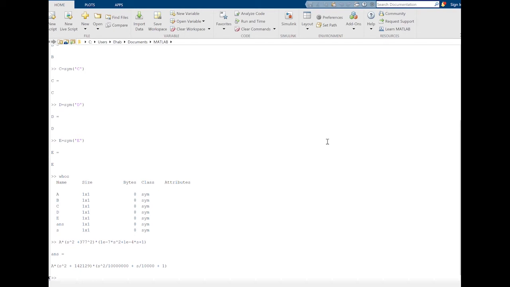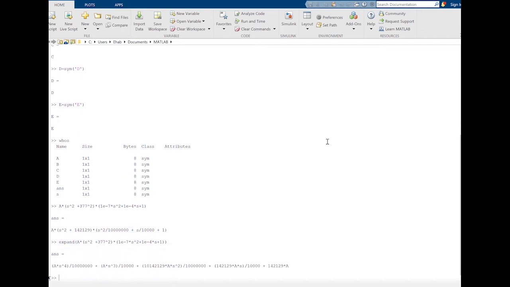Now, that's not the only thing I want. I also want to be able to expand this expression into a polynomial. So the function to do that is expand. When you do that, it should expand everything into powers of s, as you see here.